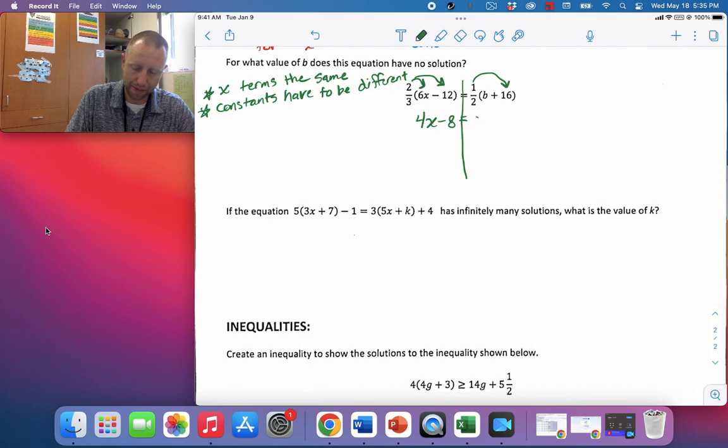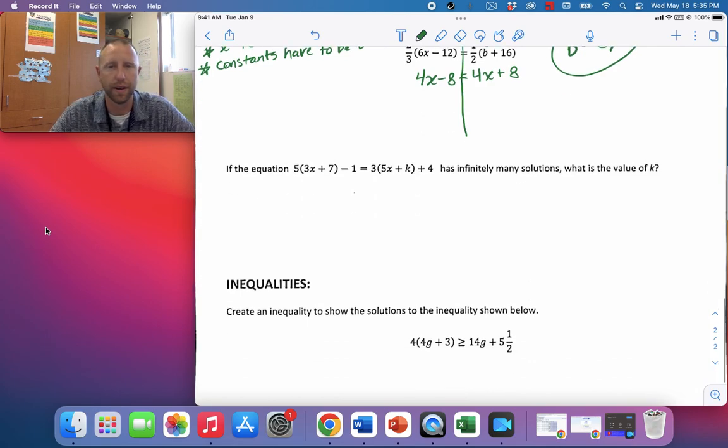The 1/2 times 16, of course, is positive 8. Oops, I'm making all kinds of mistakes here. This has to be 4x. So what does b have to be? 1/2 of something equals 4. That's 8, and then the x is there. So b has to equal 8x.